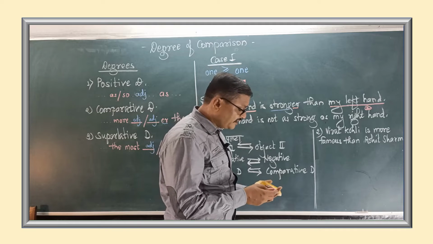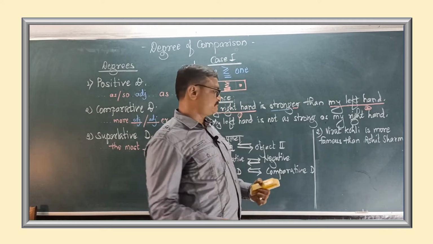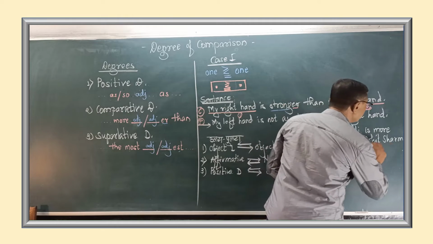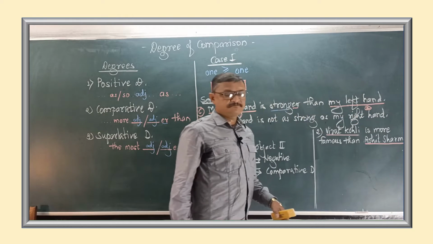First, we'll have to identify the two objects. Virat Kohli is one object and Rohit Sharma is the second object.